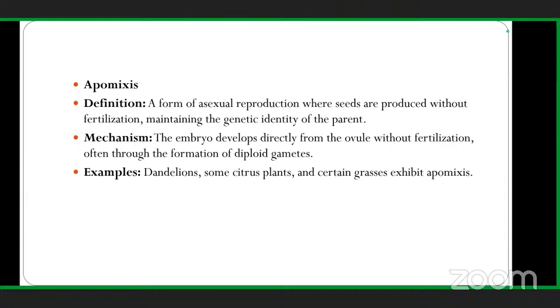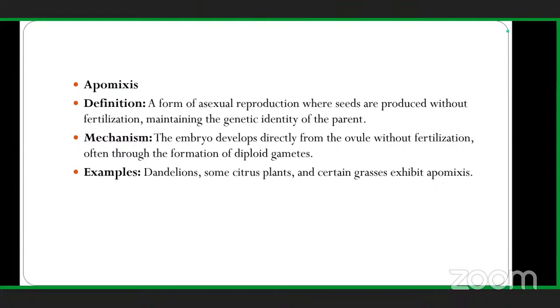It means the ovule forms the seed, but you will not see fusion of the male gamete. The sperm will not fertilize the ovule.